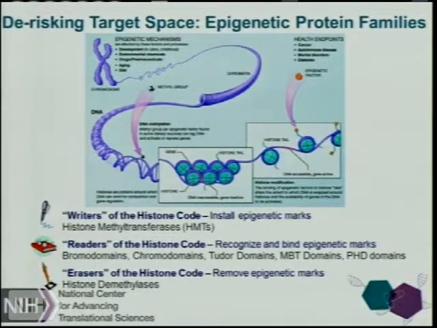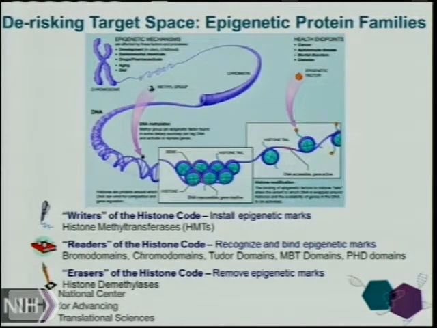So there are many examples here of subfamilies, bromodomains being probably the most prominent. And then the erasers are the enzymes that remove marks, such as histone deacetylases, a very well studied enzymatic class, and histone demethylases that remove methyls from usually histone tails on arginines and lysines.